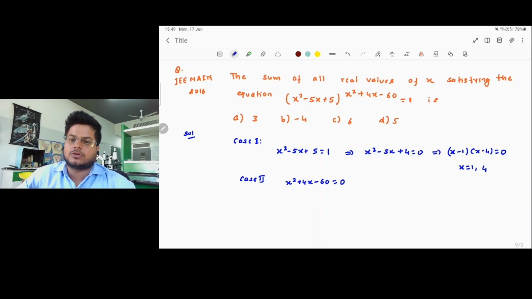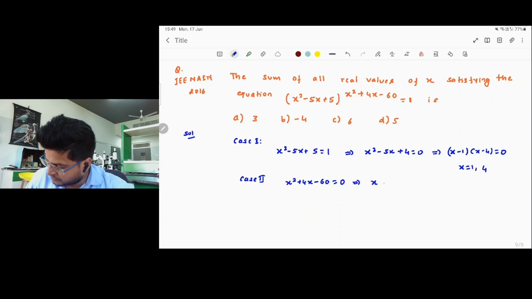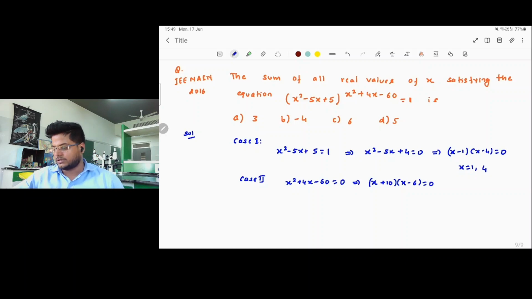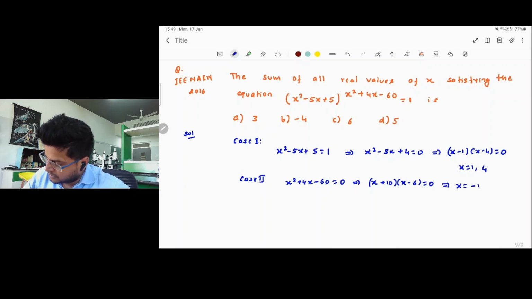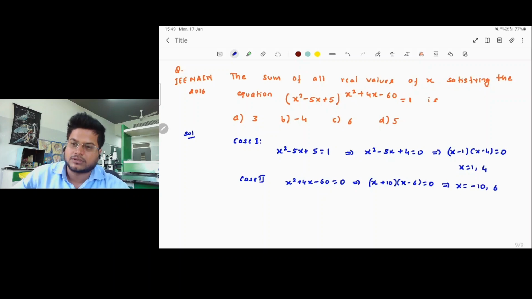Now again, think of two numbers whose sum is 4 and product is minus 60. I hope you can see plus 10 and minus 6. So this also is factorizable. We can write this as (x plus 10) into (x minus 6) equals 0. From there, what did you get? You got x equals minus 10 and you got x equals 6.